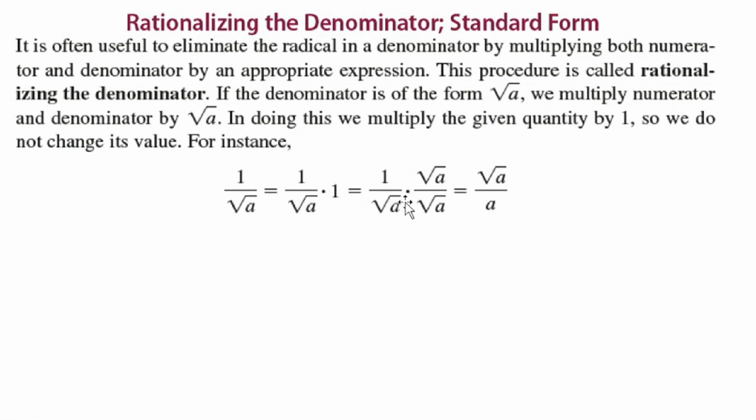Now, after rationalizing the denominator, we multiply numerator by numerator as well as denominator by denominator. So the product of the numerator is 1 times square root of a equals square root of a. Square root of a times square root of a is just equal to a, because a times a is a squared, and the square root of a squared is just equal to a.